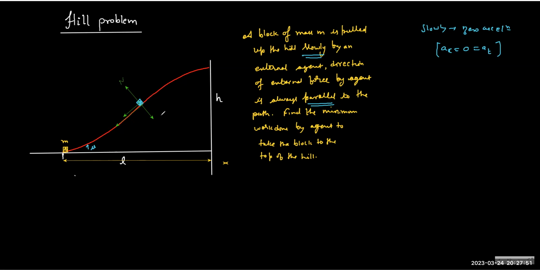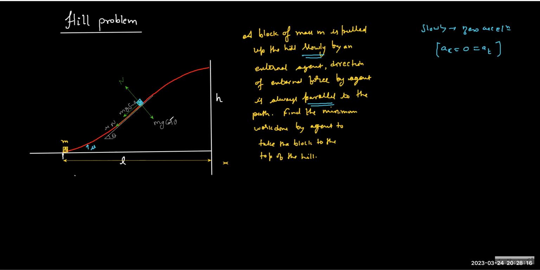So this is your normal. And let's assume the tangent to be making an angle theta. Yeah, we have to do this angle thing on our own. Other component is mg sine theta, and the other is mu N, right?